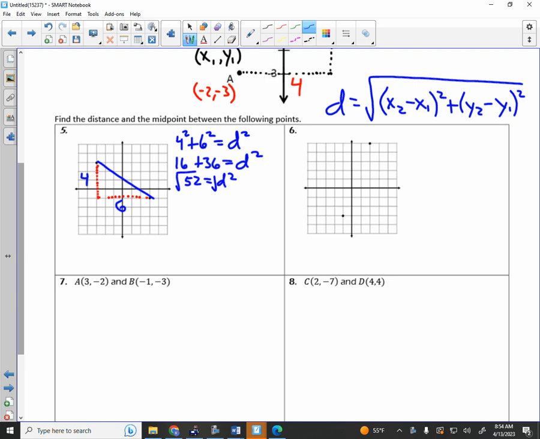And I square root both sides. The perfect square that divides evenly into 52 is 4. So I have the root of 4 times the root of 13, which is 2 roots of 13.